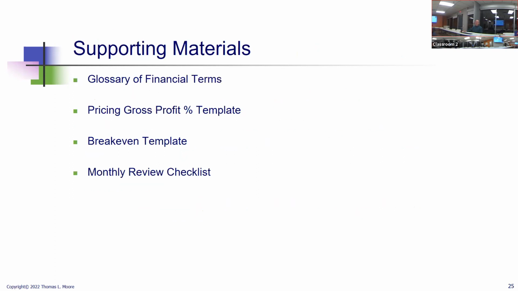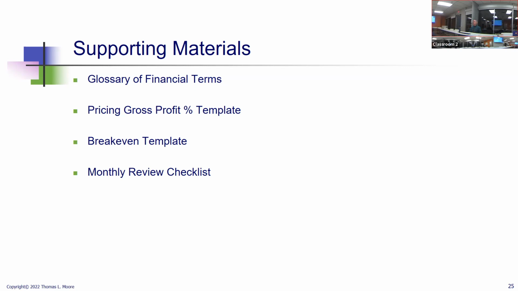So next thing we're going to do, as we wrap up here, is something that I sent to you if you were in last week's class. I sent to you the glossary of financial terms, as well as a monthly review checklist.